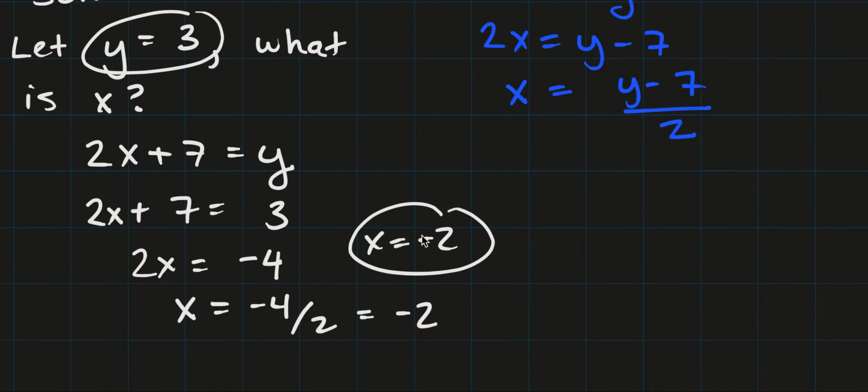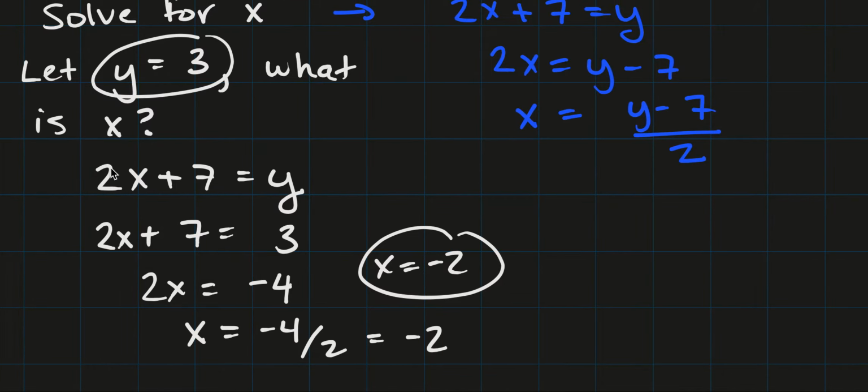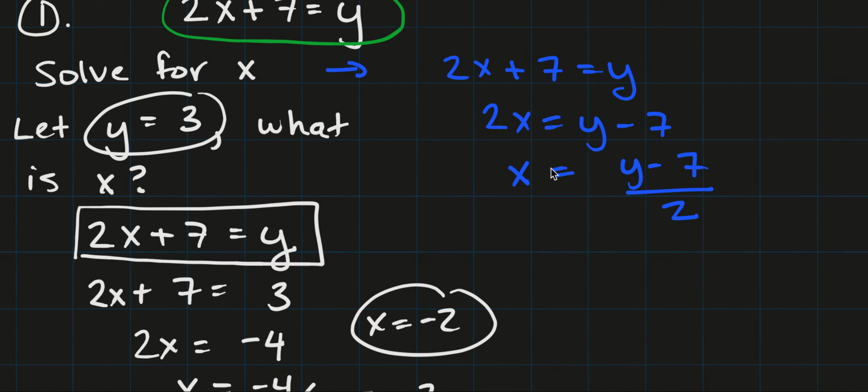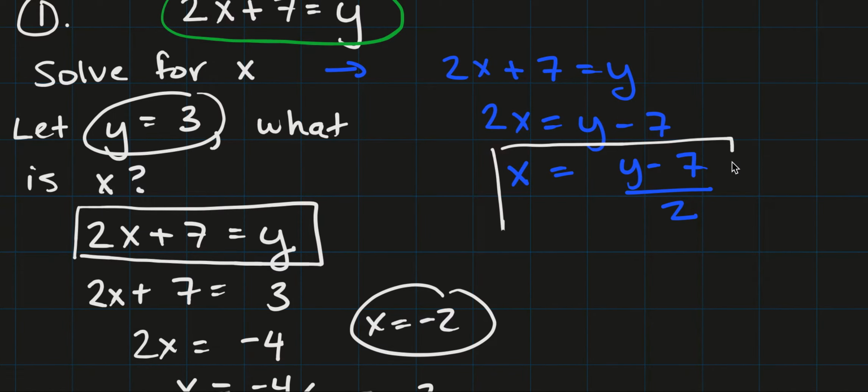The second option is in the very beginning where you have your original equation, you solve for x. And we did that already. That was the very first thing we did, so we solved for x. And now we can use this, where we plug in 3 into here.